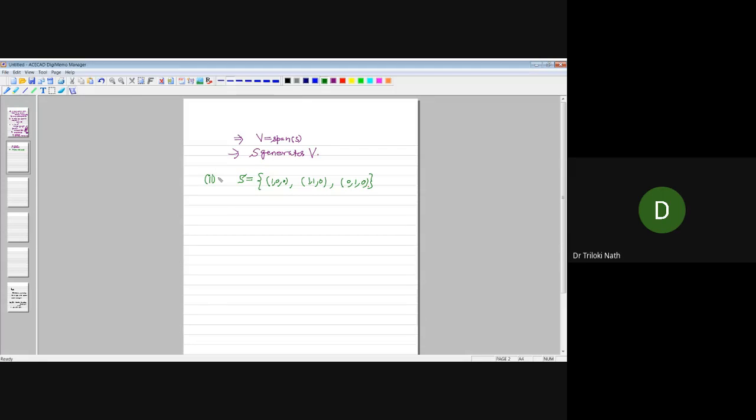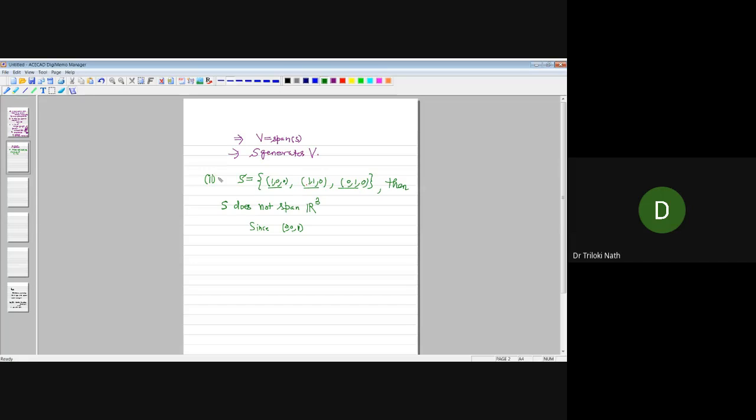So actually, no, it does not span R3. And you can see why not. If you see the vector (0, 0, 1), here the third coordinate is non-zero. And if you look at the vectors of S, then you see that the third coordinate is always 0.